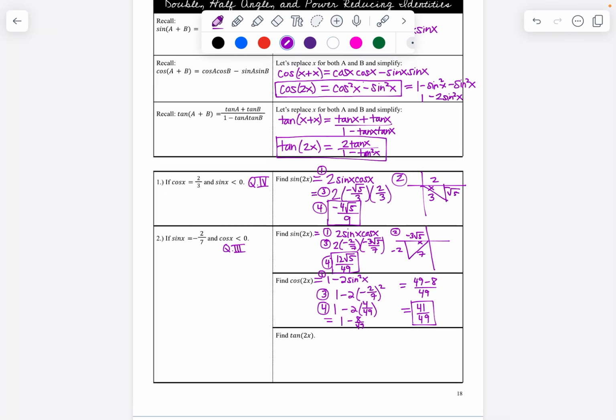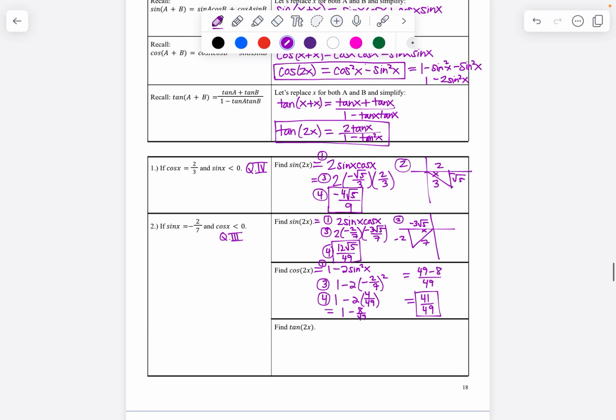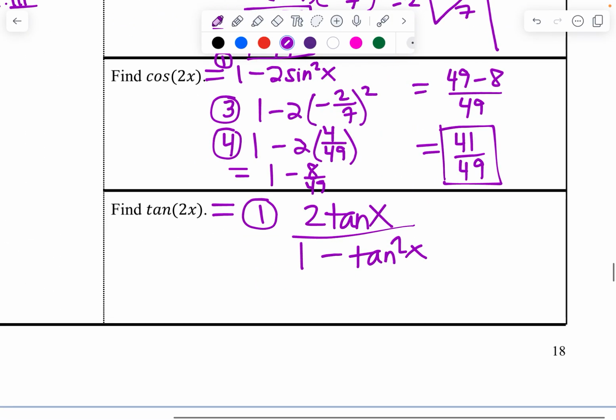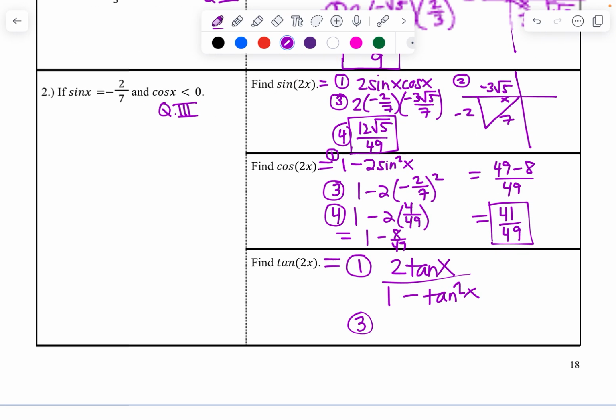All right, so the tangent of 2x, well, we know the formula there. 2 times the tangent of x divided by 1 minus tangent squared of x. So there's step 1, writing our formula. We already have our reference triangle up above, so we can go ahead and plug in the values.